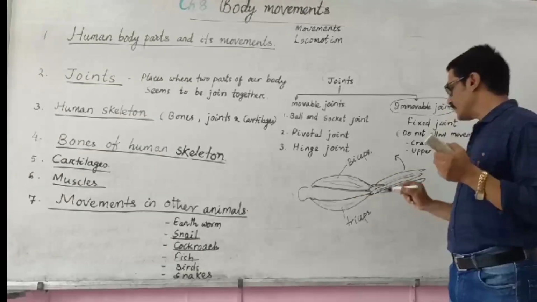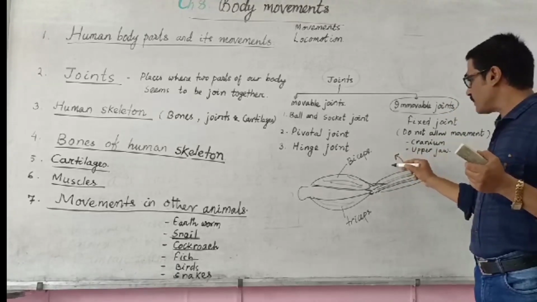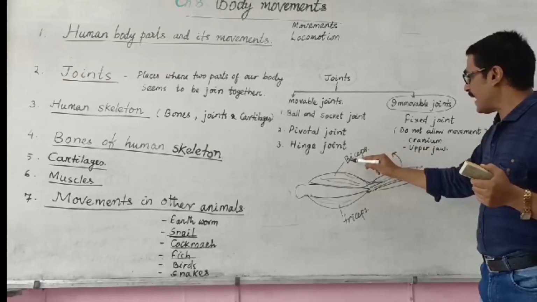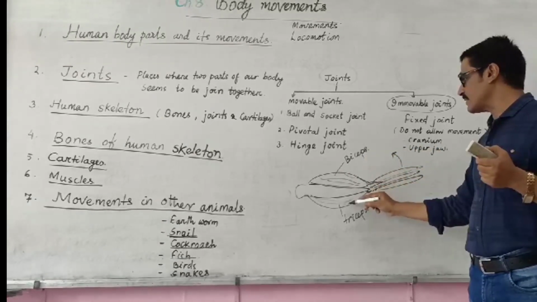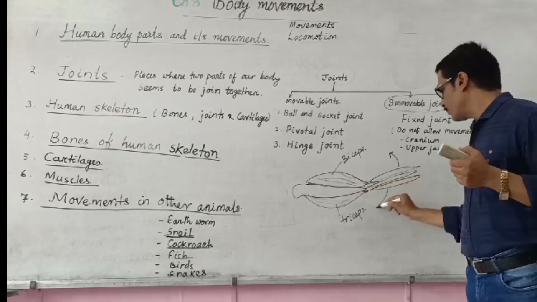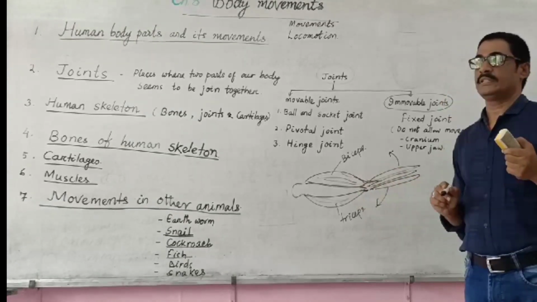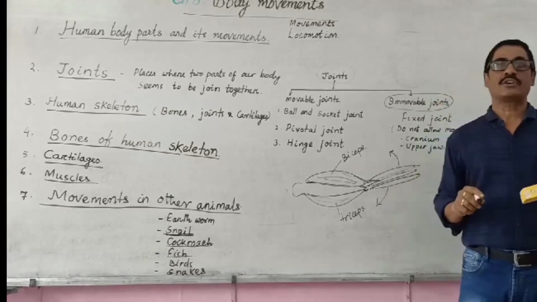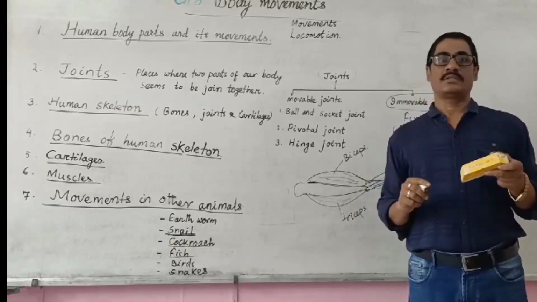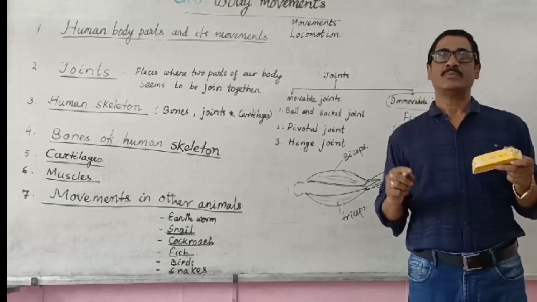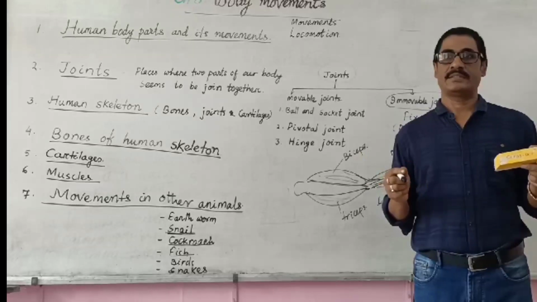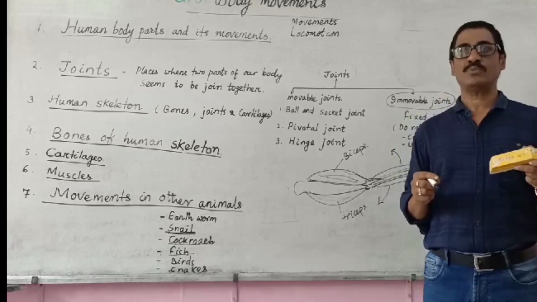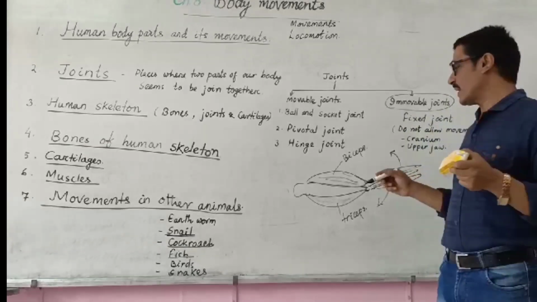When you bend, this type of phenomenon takes place, and alternately, when the biceps relaxes, the triceps contracts, and it pulls the bone in the opposite direction. In this way, all the body parts move due to contraction and relaxation of the muscles. Muscles only pull the bone, they never push. Due to alternate contraction and relaxation of the muscles, our different body parts move, and muscles always work in pairs.